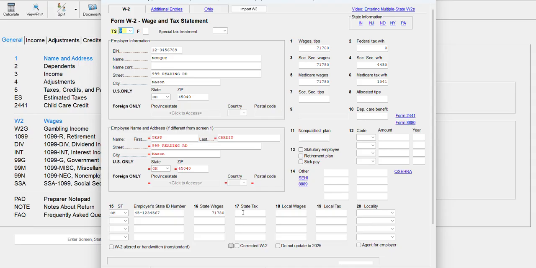As you see here, the state taxes, usually the employer would withhold some state taxes from your W-2, and this is refundable. This is used if you owe any state taxes, so they will use from it. For this example, we use $71,780.